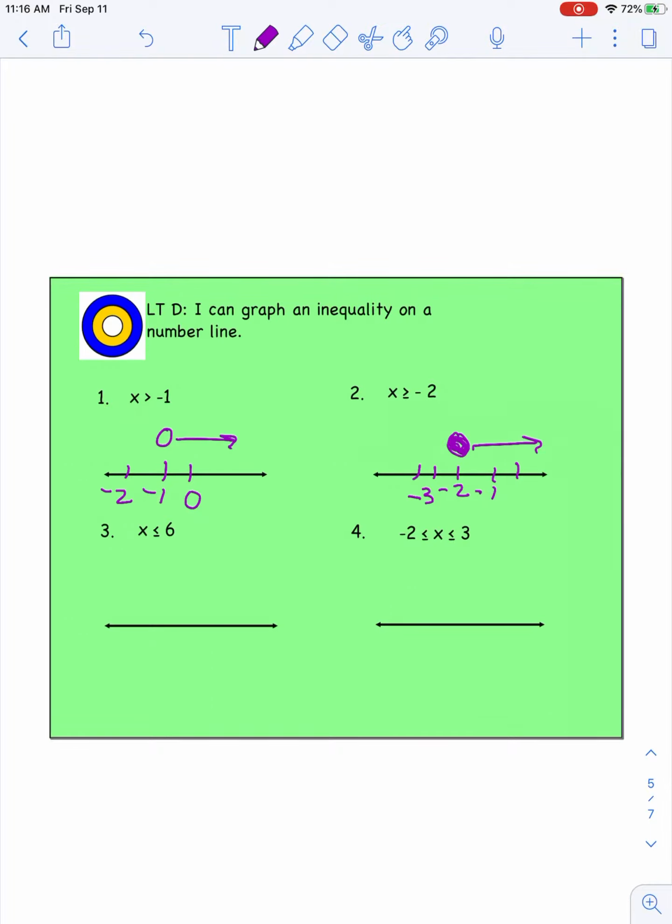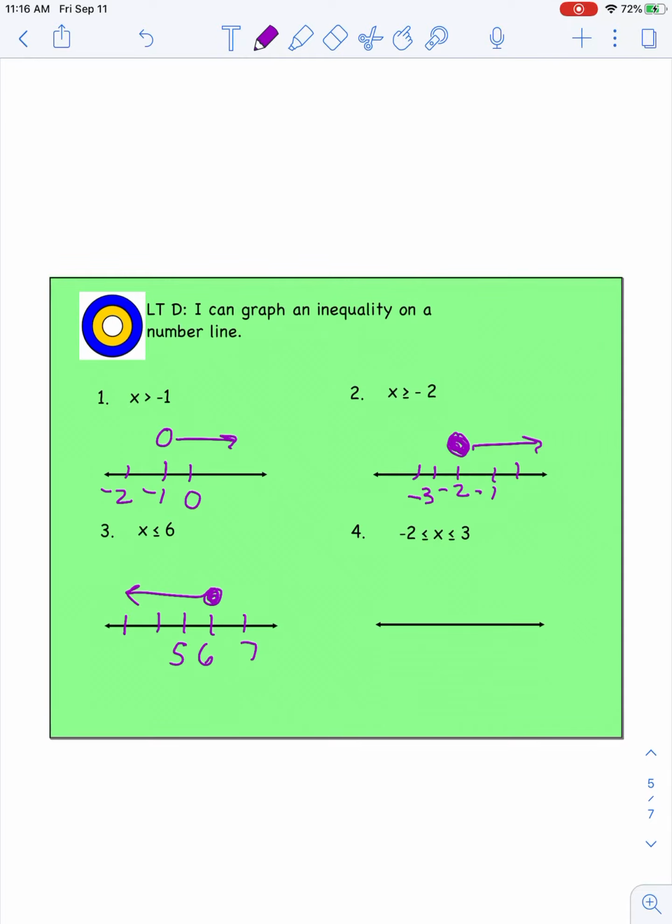And again, we want all the values that are greater than that. In our third example here, when you have your values, again, you will have a shaded circle at 6. And your arrow now will be going to the left because we want the values of x that are less than or equal to 6.